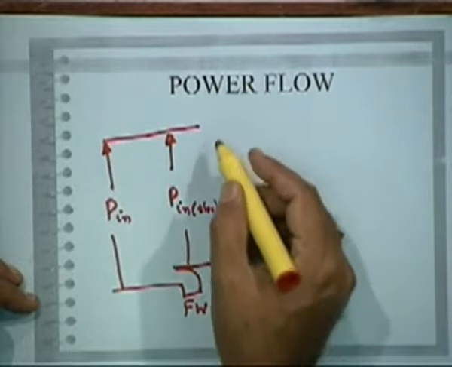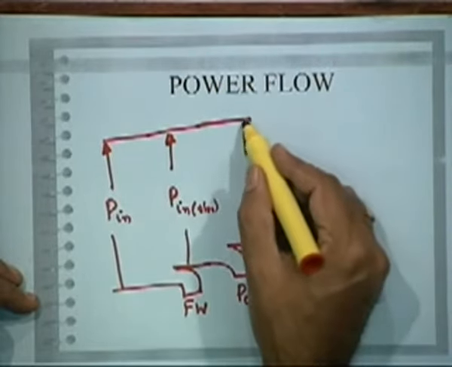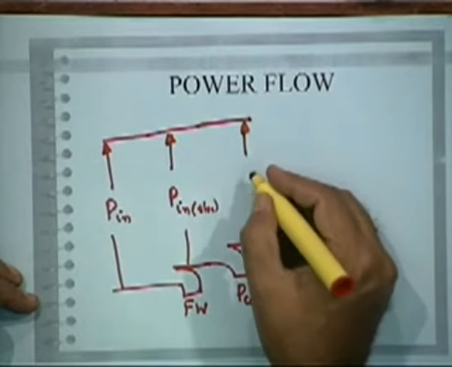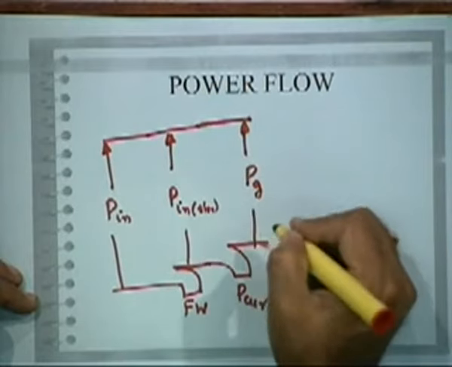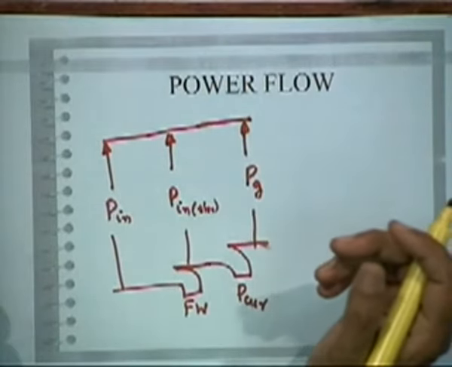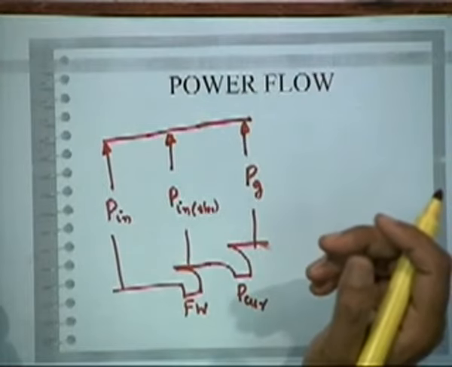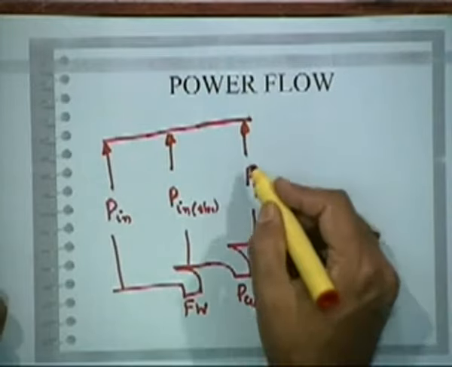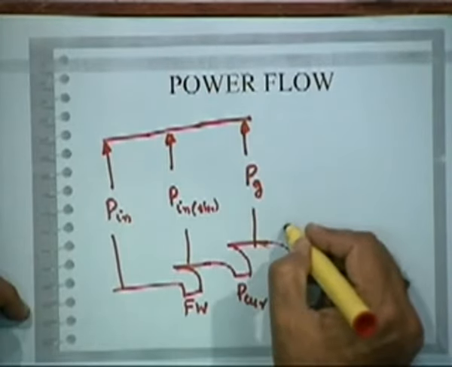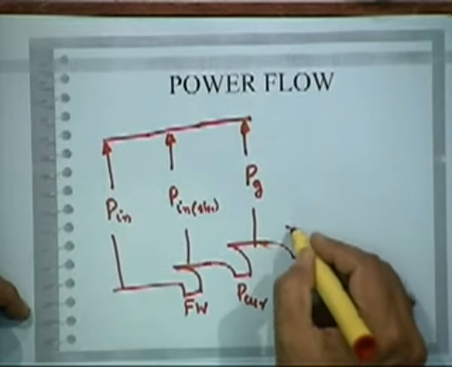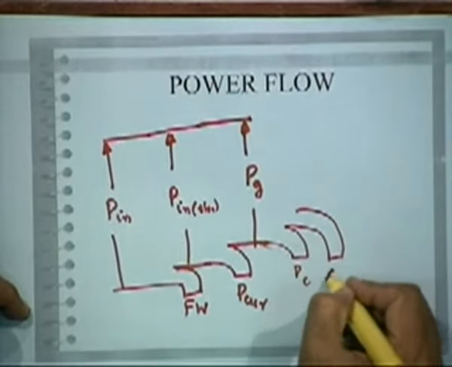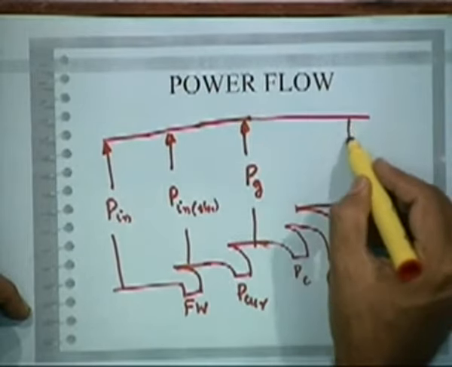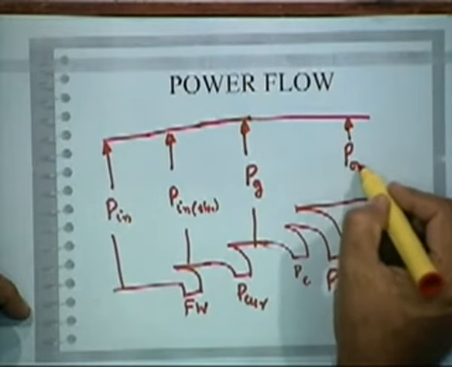Okay. Then what you have here? PG, air gap power. You have fed something to the shaft, minus friction windage goes into electrical input power, minus rotor copper loss, then you have the PG, and then you can have, let us say, core loss and stator copper loss, and this will be output power.